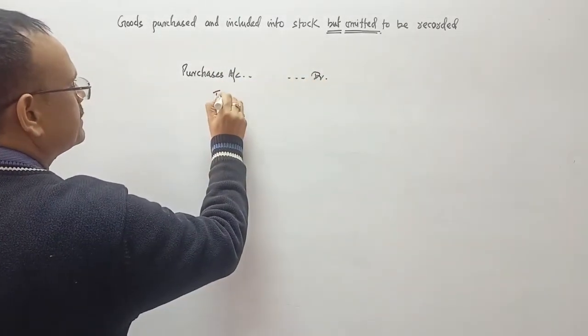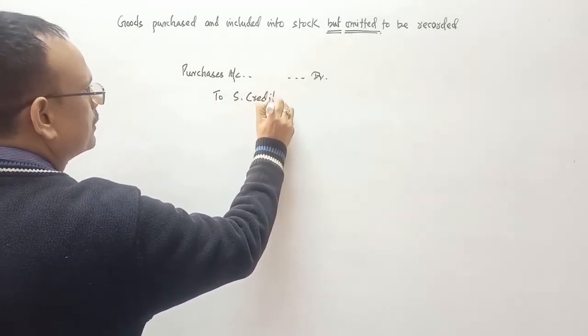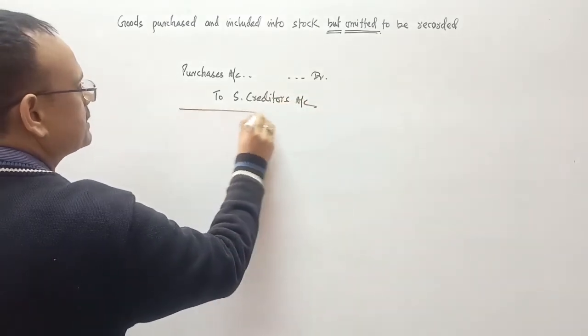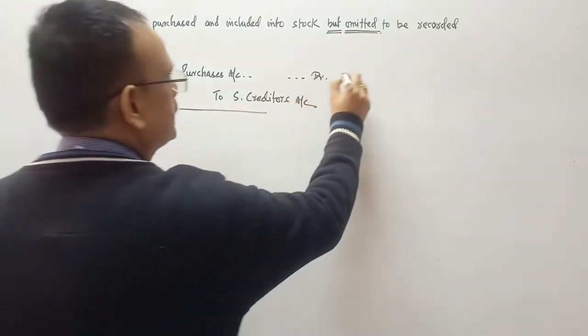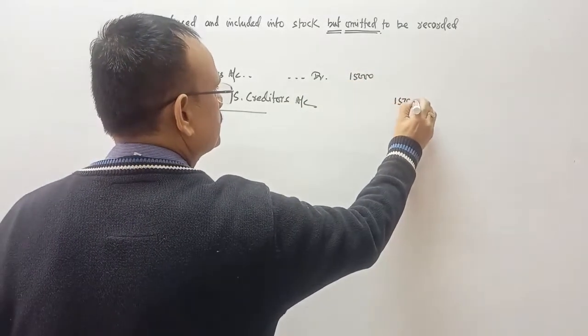to creditors account, to sundry creditors account, means suppliers account. Suppose it is 15,000, okay.